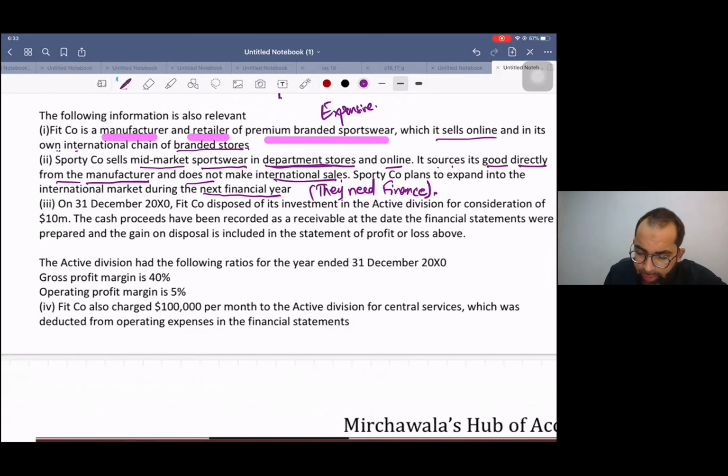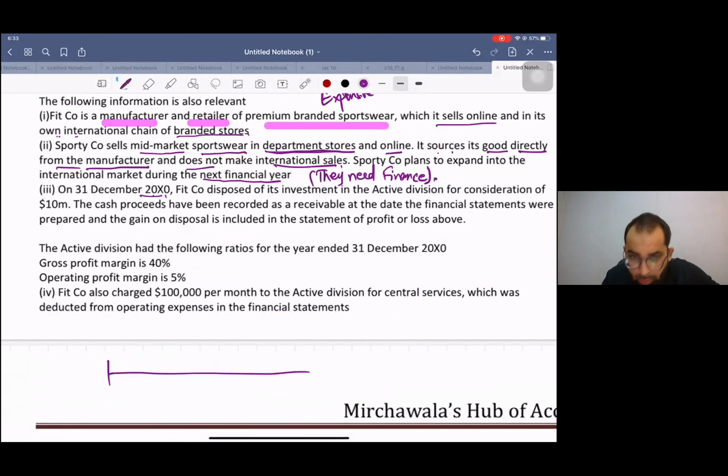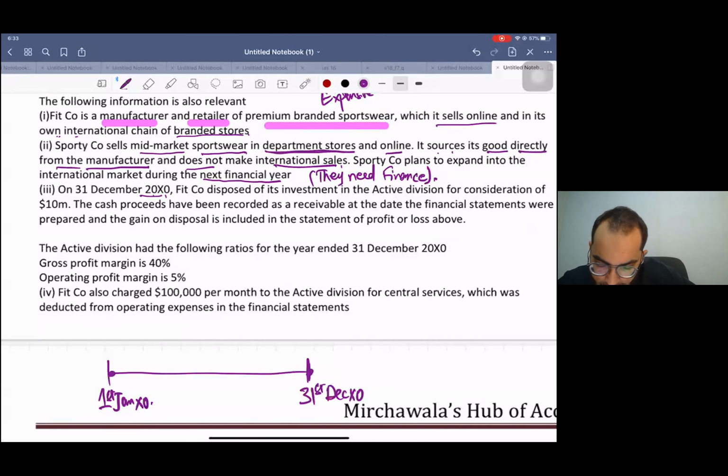Your accounting period in the question, look at the screen, is 1st January x0 to 31st December x0. Now, on 31st December x0, that's the last day, Fit company disposed of its investment.